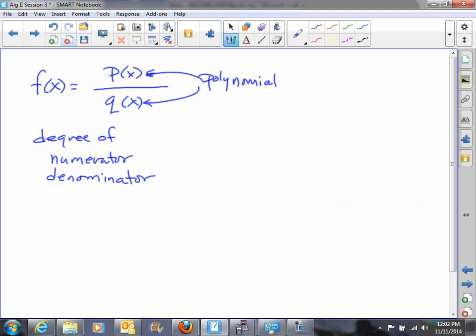Now, there are certain features of rational function graphs that it's definitely necessary for us to identify. One feature is where the vertical asymptotes are.